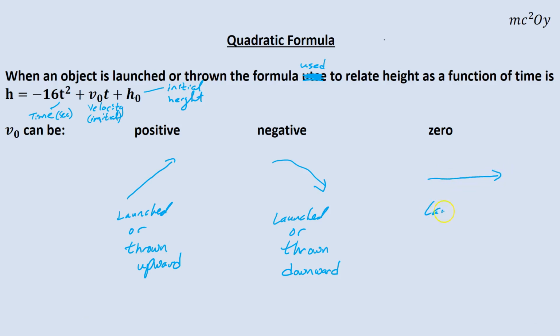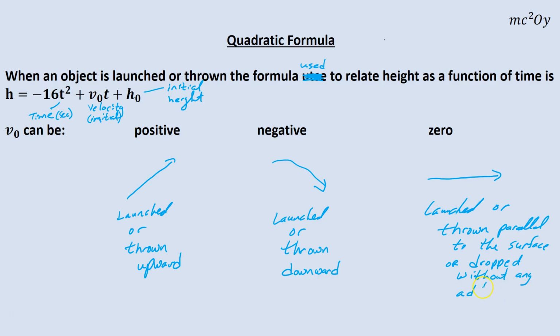If it's launched or thrown parallel to the surface, or for that matter, if it's just dropped without any added force, then it's got a zero velocity.